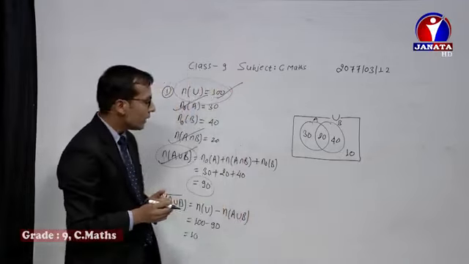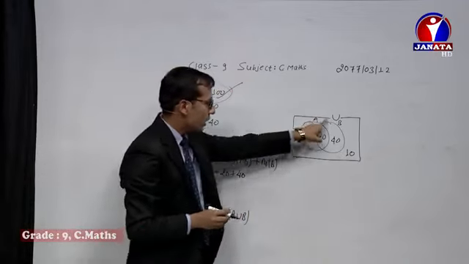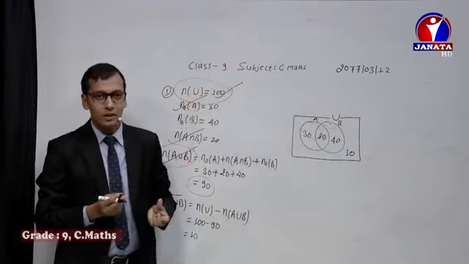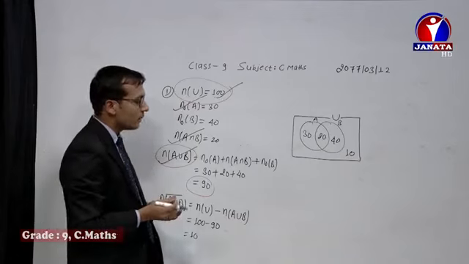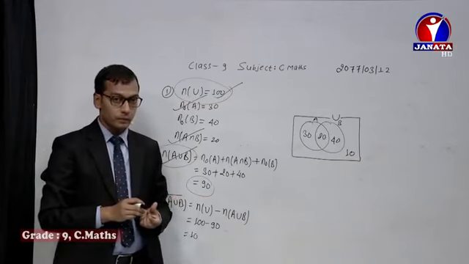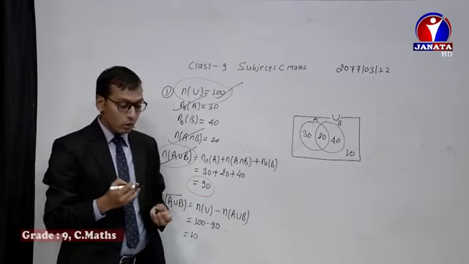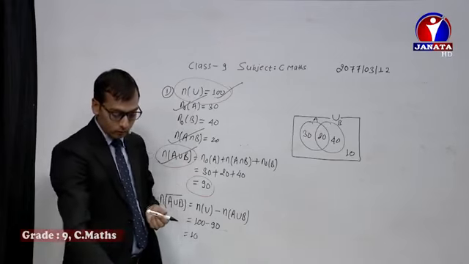If there is no complement, then n of A union B and n of U are equal, in case no complement is given, neither is it asked. So I hope you got this question. So let me go to the next.